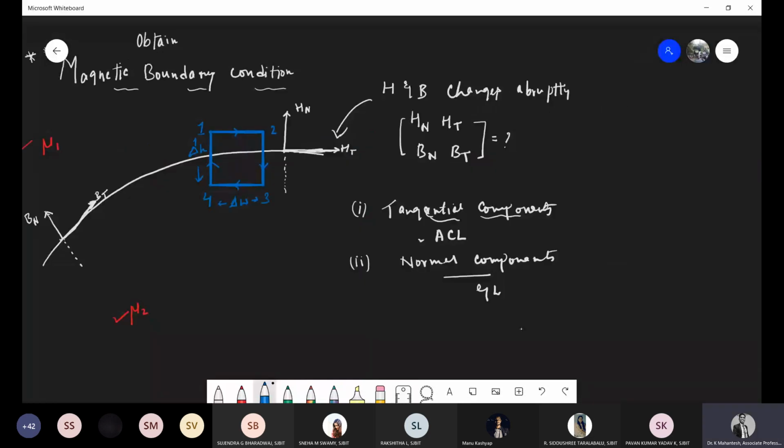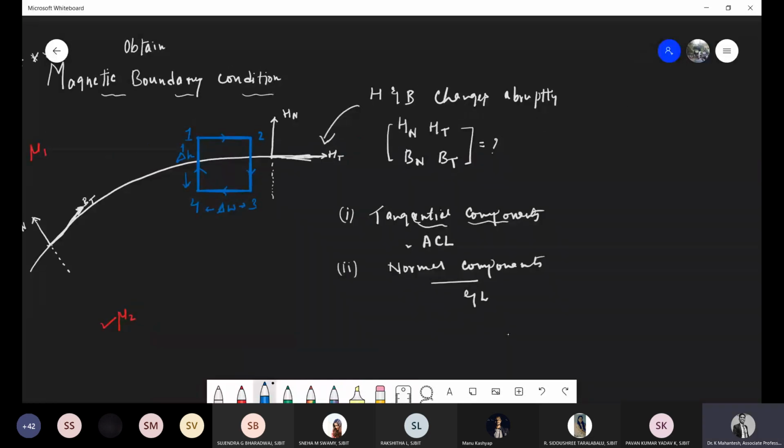Okay, fine. So the path goes from 1 to 2, 2 to 3, 3 to 4, and 4 to 1, so it's a closed loop. You could easily see half is in each medium: the first half in medium 1 and the second half in medium 2.